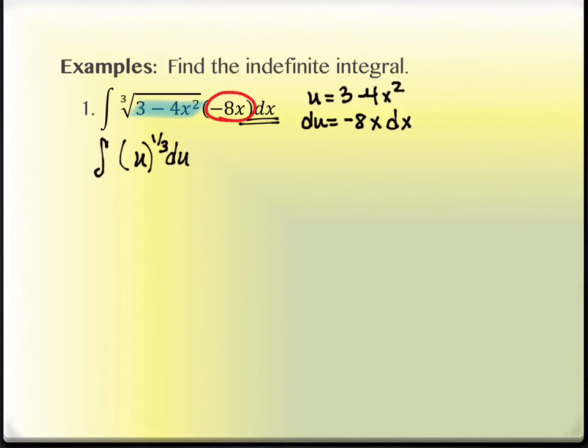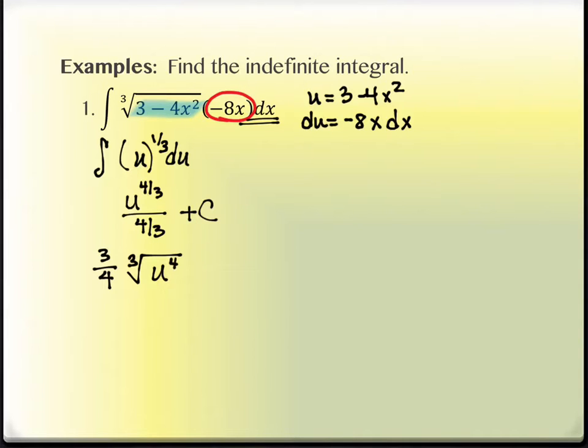So what is the antiderivative of u to the 1/3? Okay, so it's u to the 4/3 divided by 4/3, which is the same as multiplying by 3/4. And I need my plus c. So there's that 3/4. It started out as a cube root, so I'll put my cube root back in.